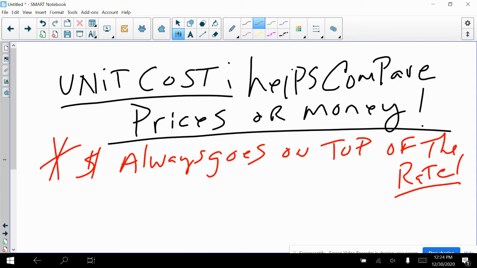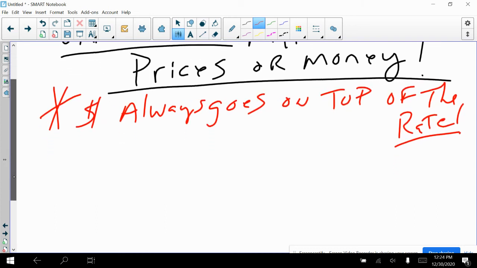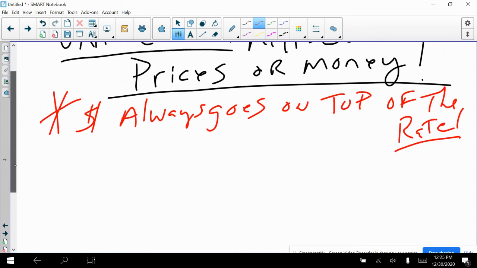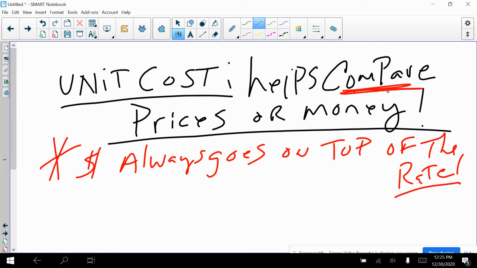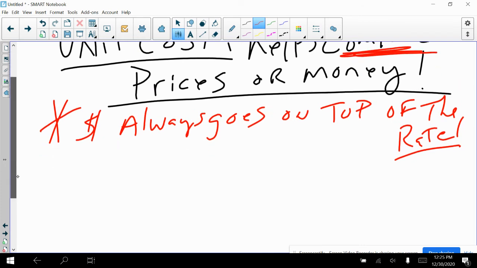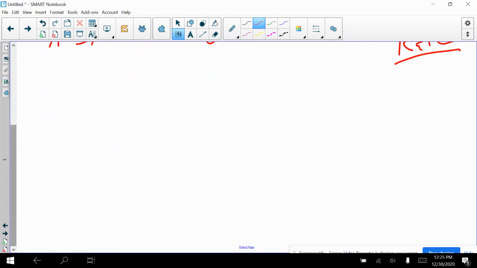So you're going to have to compare. You're going to get problems that look like this, and we'll work these side by side.